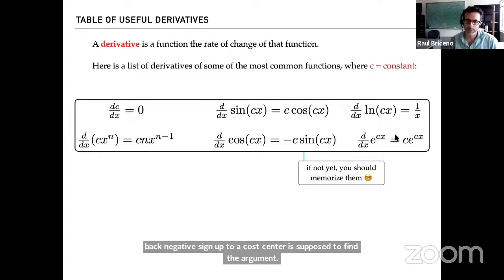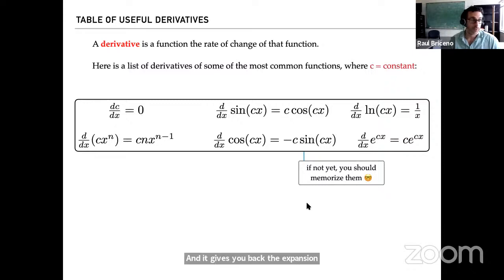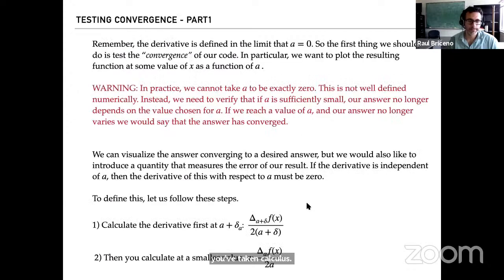The exponential just brings down the coefficient in the argument of the exponential, and it gives you back the exponential. All right. So if you haven't memorized these functions, you've taken calculus, memorize them. It's my advice.